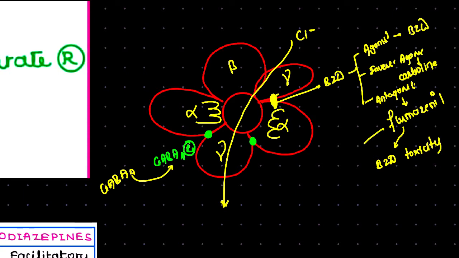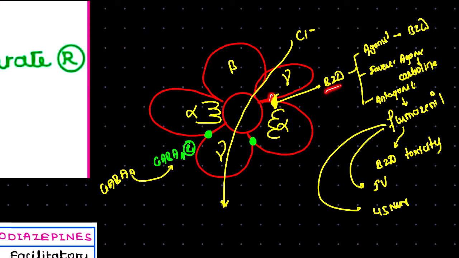Okay, and how are we going to provide it? We are going to provide it through the IV route, right? And its duration of action is about how many? 45 minutes. Okay, we are talking about this benzodiazepine receptor, right? What can bind there?